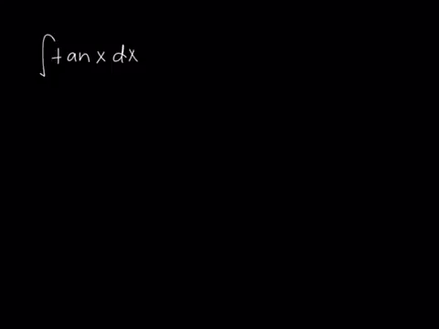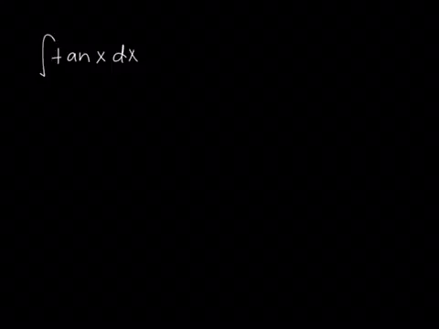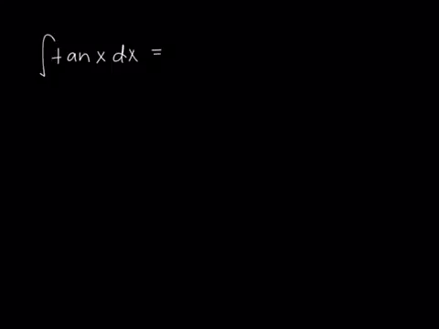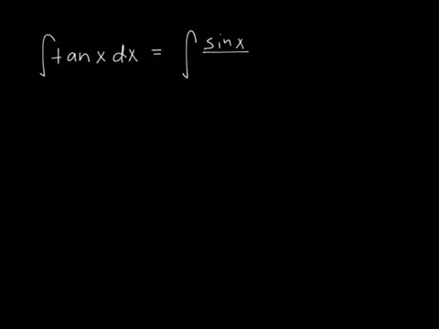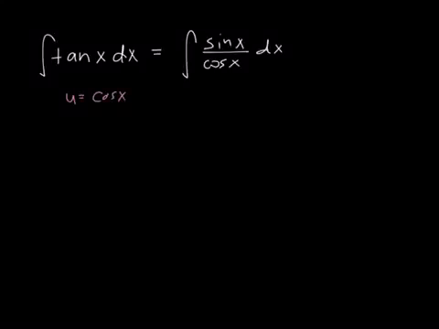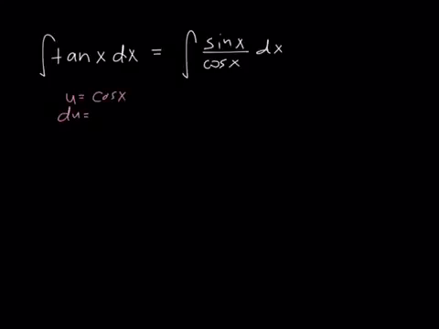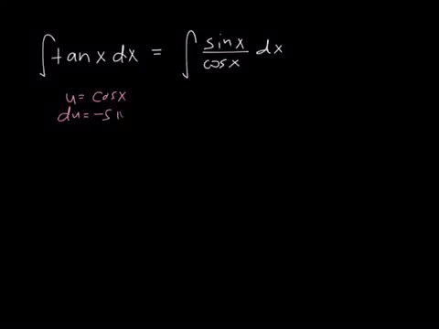So let's go ahead and find the integral of tangent of x dx. I'm going to do that by saying that is the integral of sine of x over cosine of x dx. So far, so good. And then I can do a nice u substitution. u equals cosine of x, so that du equals negative sine of x dx.